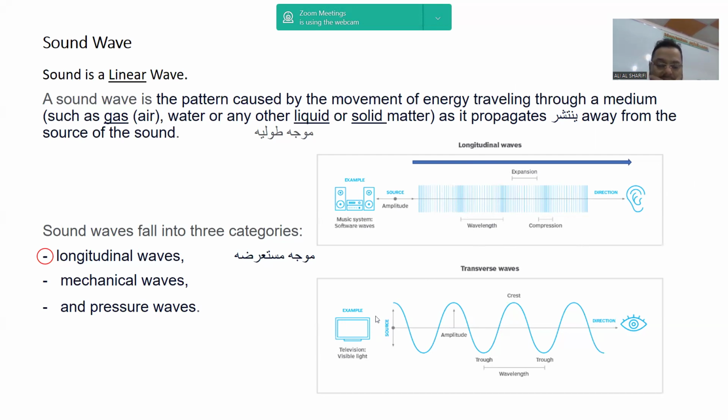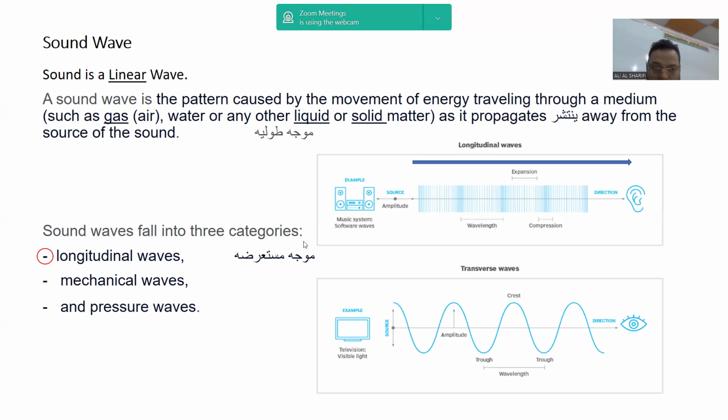And visible light moves from the source to your eye as alternating current waves, transverse waves.